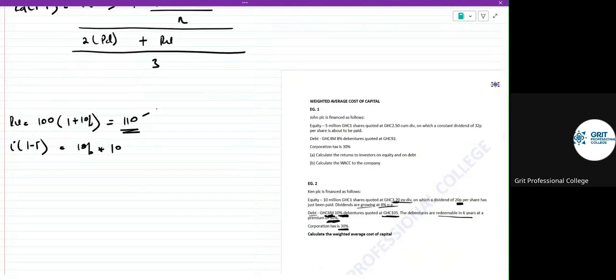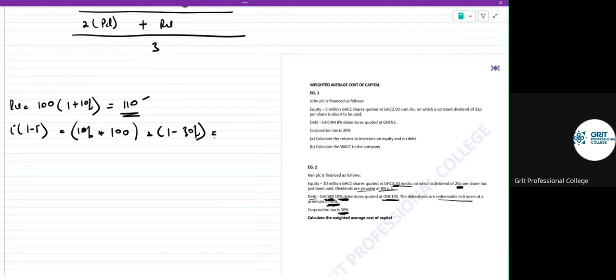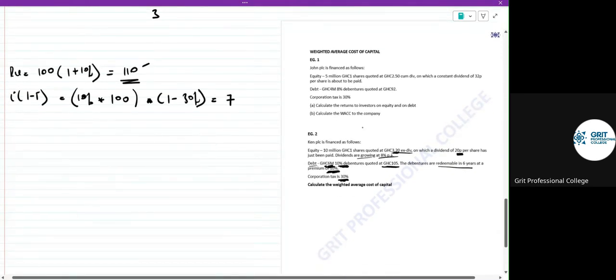Remember, the par value of the bond is 100. Now, whatever we get, we are going to take out the tax of 30% from it, 1 minus 30%. So this is 70% of 10, so this definitely will be 7.